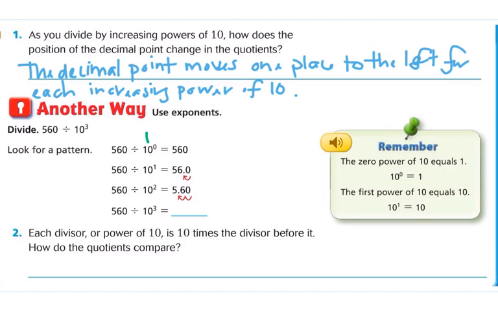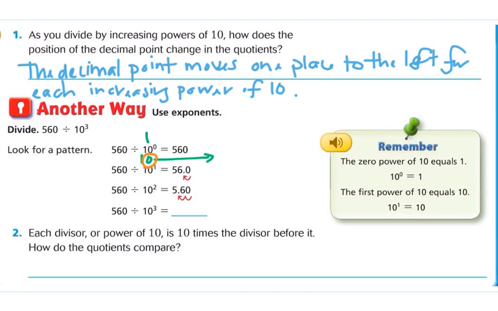In green, I'm going to evaluate the exponents just so I can keep it clear in my head. So the first power of 10 is equal to 10. 560 divided by 10, we would lose 1 place value, so we would move 1 place to the left. And notice the reason why we move 1 place to the left is that there is 1 zero, which I'm going to circle a different color.